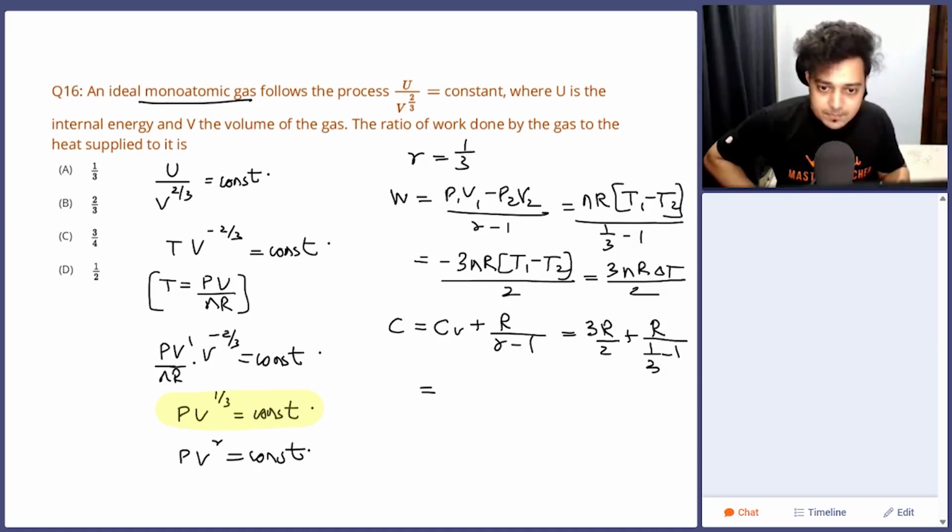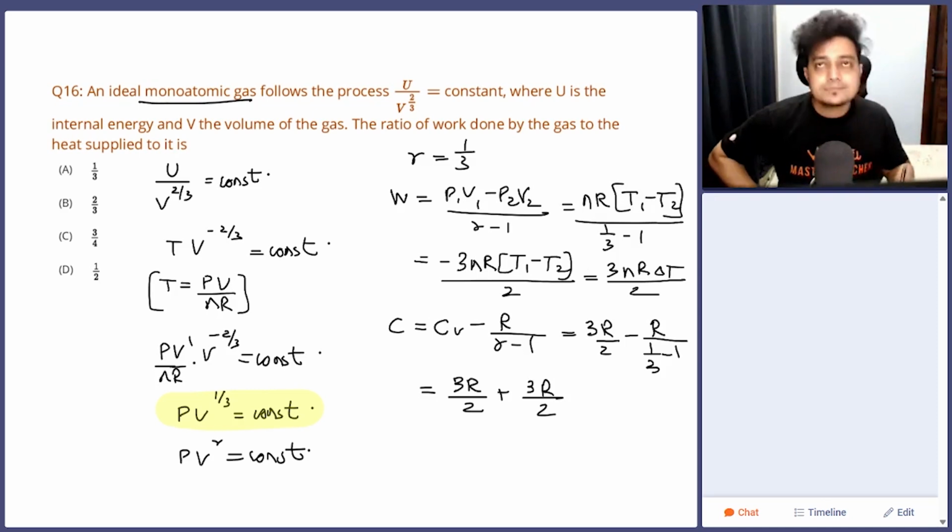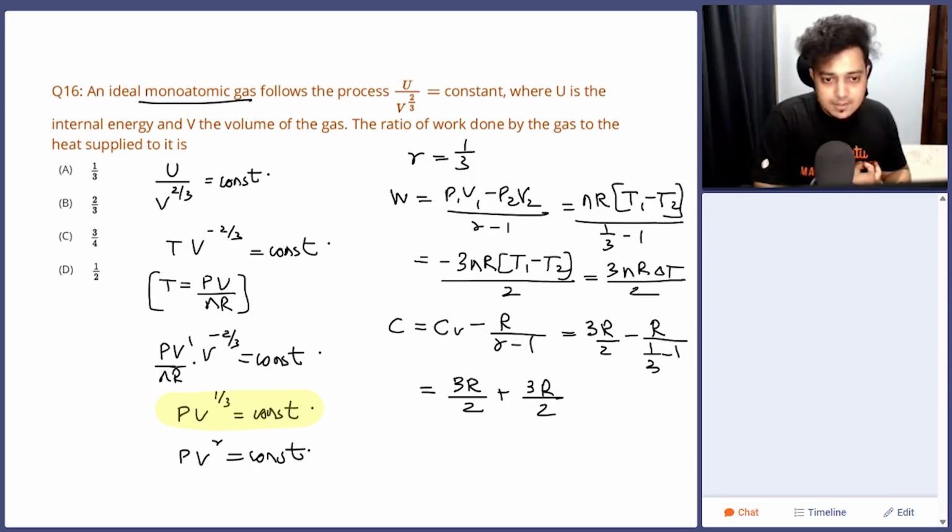We can simplify this. 3R by 2 as it is, and here there's a correction. The formula has a minus sign, and minus minus is adjusted to plus, so this will be 6R by 2, that is equal to 3R.